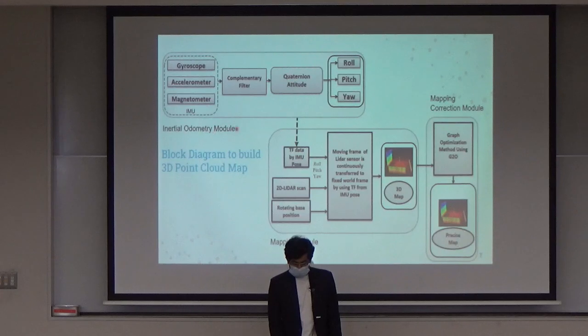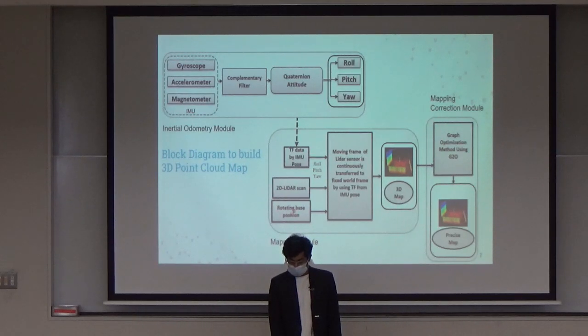In the inertial odometry module, we use the IMU, which consists of the gyroscope, accelerometer and magnetometer, and we implemented a complementary filter to compute the rotation. And we know rotation can be represented mathematically in 2 different ways: one is quaternion attitude and the other is roll pitch yaw. After getting the rotation angle from the inertial odometry module, it is used as the input to the second module, the mapping module.